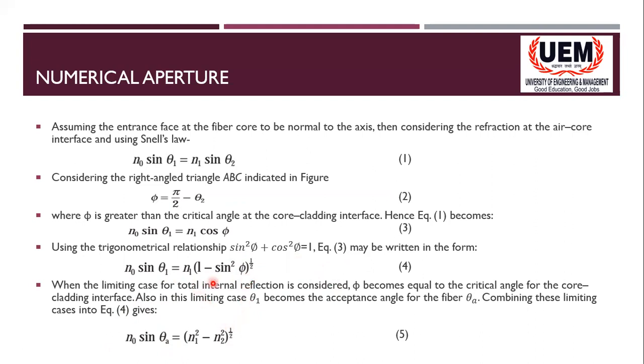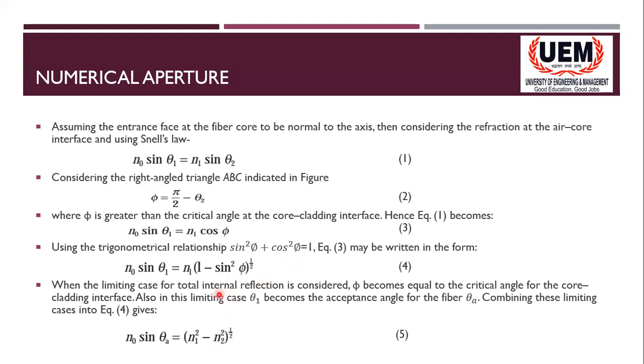So what we can write here is that we can now replace this equation in terms of cladding and core refractive indexes, because we know that sine phi c, the critical angle, which we already have studied, is always equal to n2 by n1.